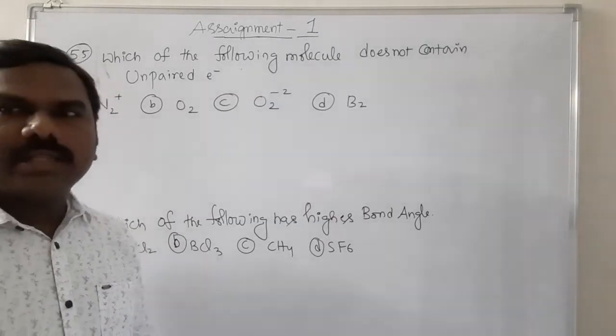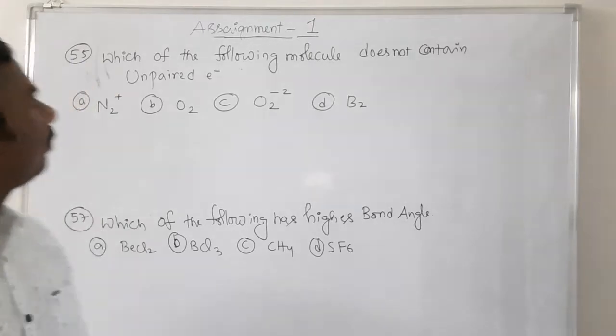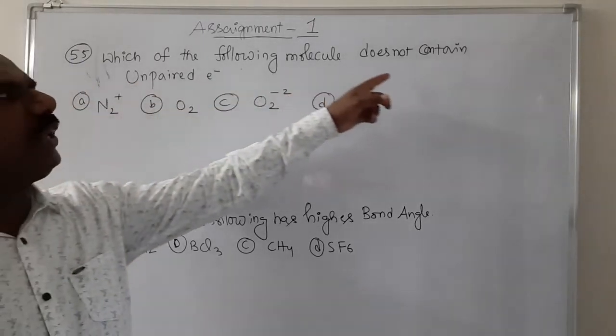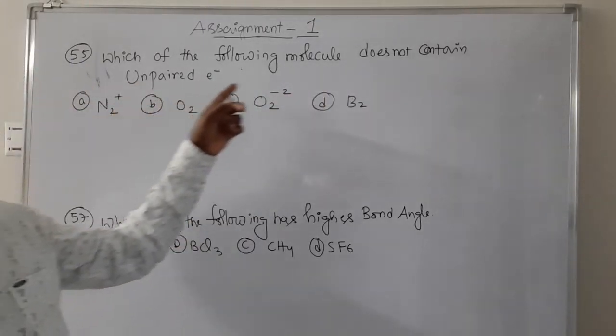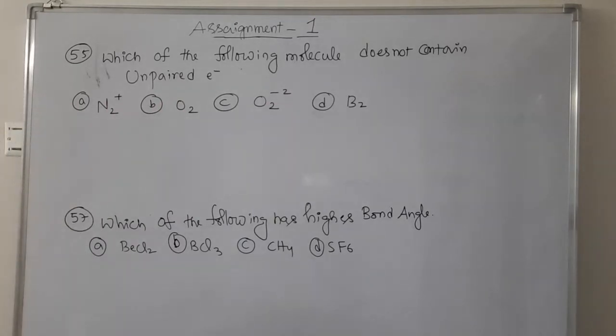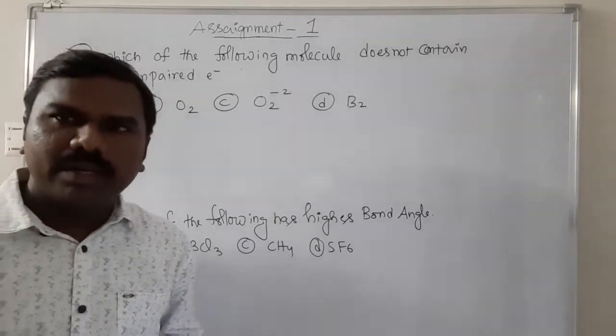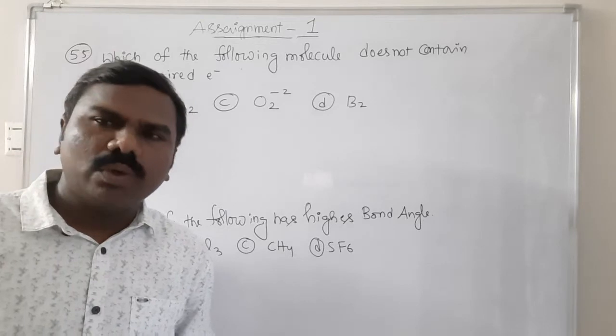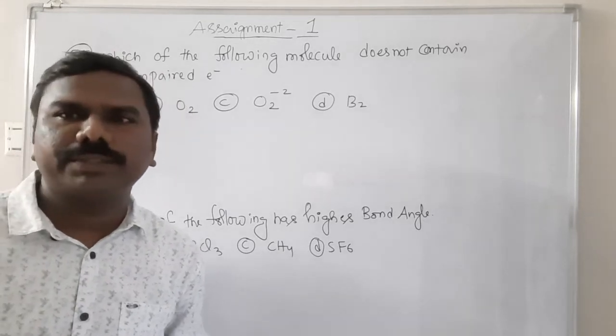Okay, next, number 55. Which of the following molecules does not contain an unpaired electron? As per molecular orbital energy diagrams, we should first know the electronic configuration.